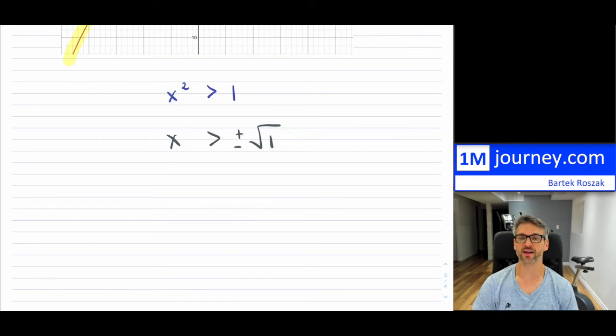And you might say, okay, I've solved this, right? I have x is going to be greater than the square root of 1, which is just really 1, right? We can find what that is, and it's going to be either positive or negative. And this might lead you to the wrong path.